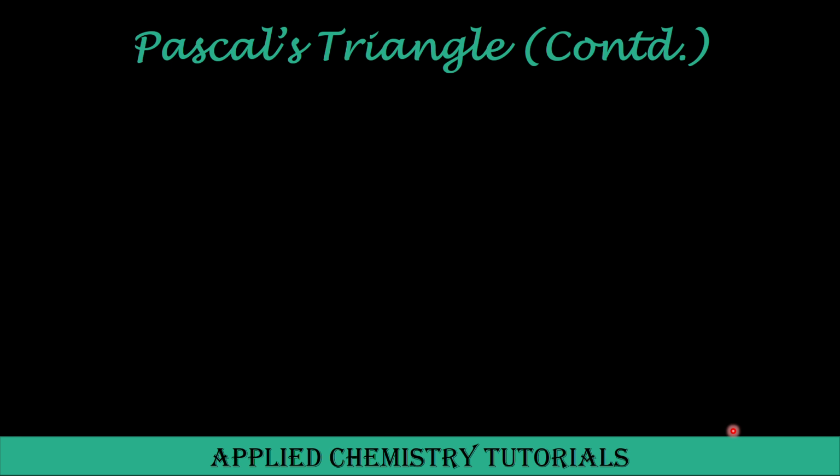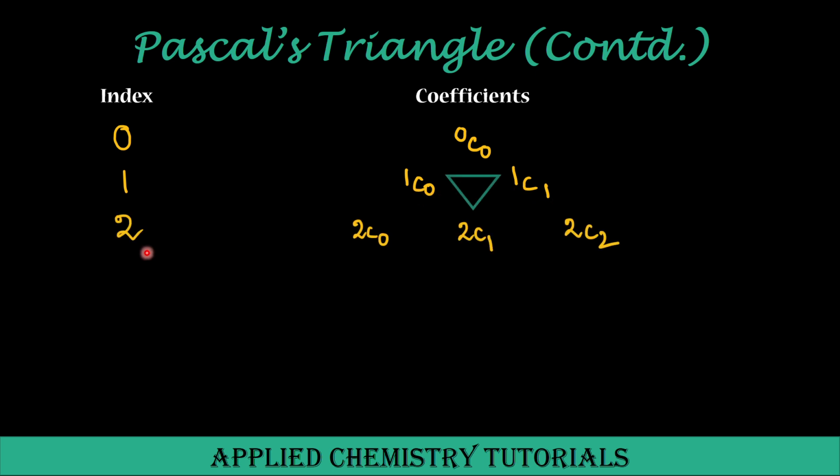So let us write down the modified form of Pascal's triangle. For index 0 the coefficient was 1, so we can write it as 0C0. For index 1 we can write 1C0 for 1 and 1C1 also for 1. For index 2 we can have 2C0 for 1, 2C1 for 2 and 2C2 for 1 again.